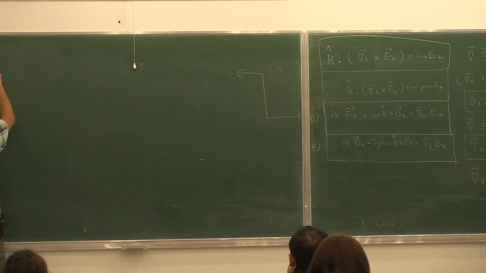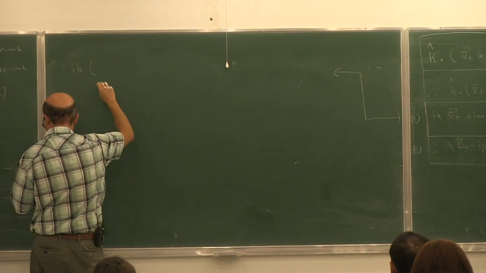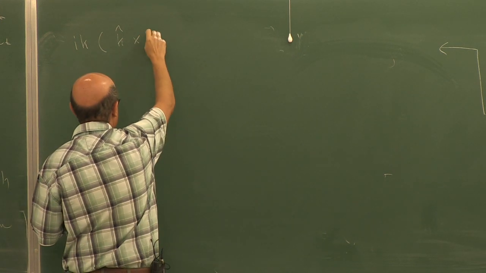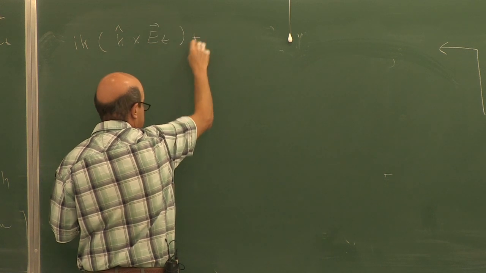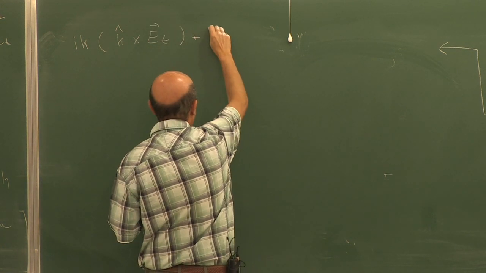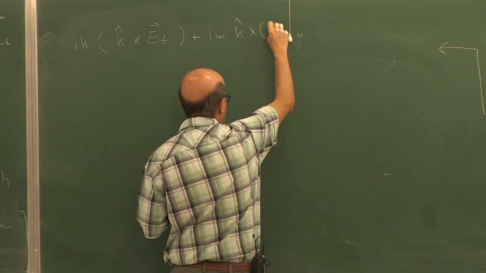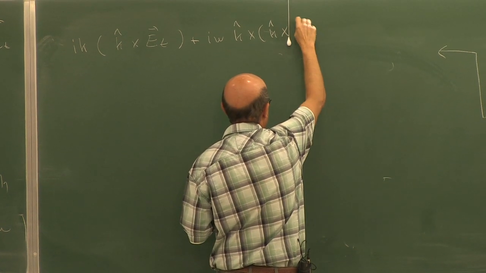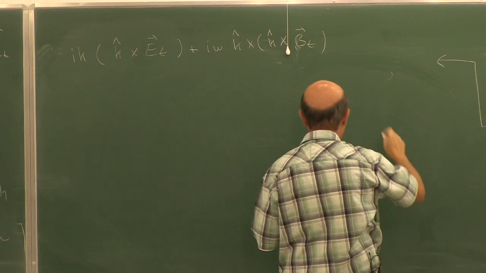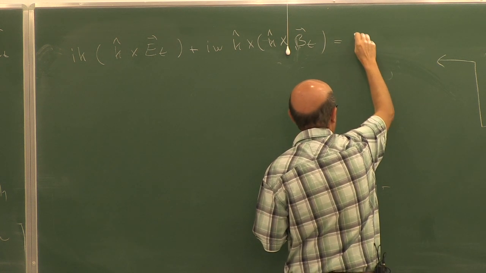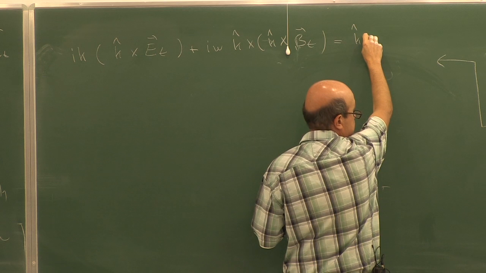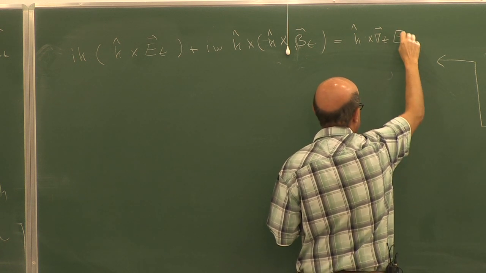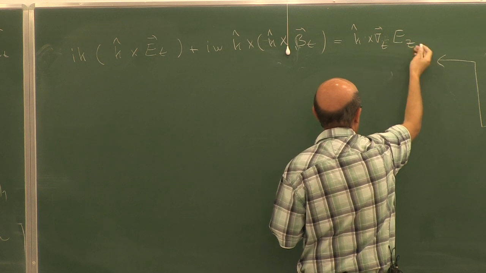So you will get ik k cross E transverse plus i omega k cross B transverse and k cross gradient of the transverse of Ez. This is the gradient of the transverse, that is Ez.